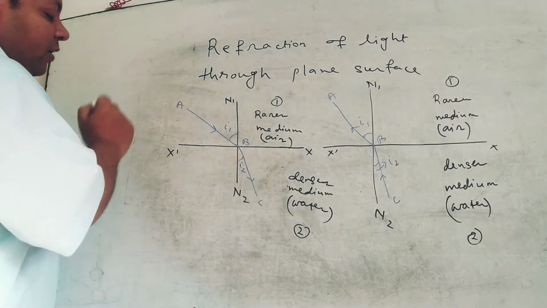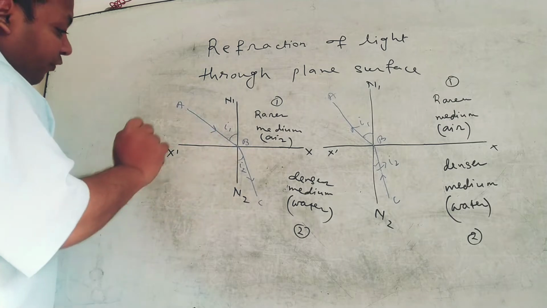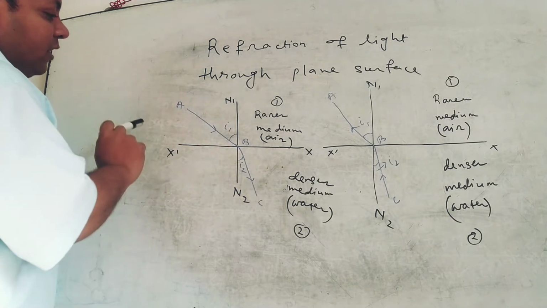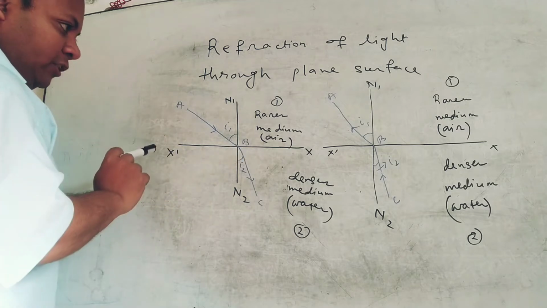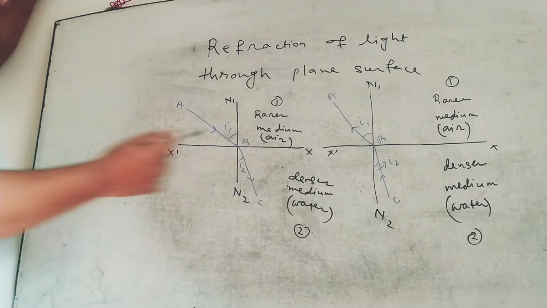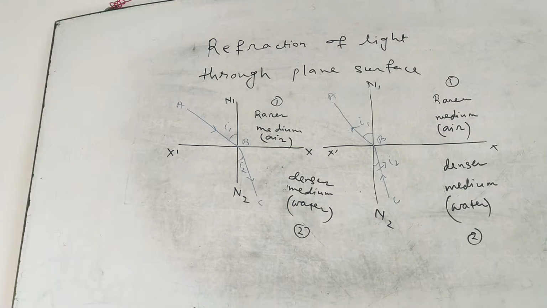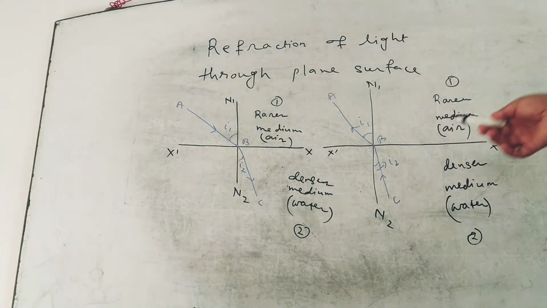Here AB is the incident ray, BC is the refracted ray, I1 is the angle of incidence and I2 is the angle of refraction.